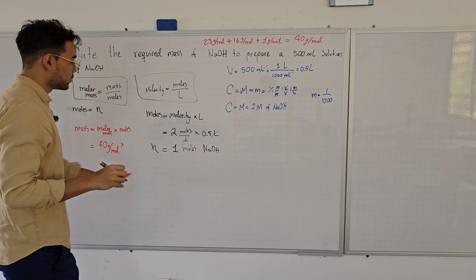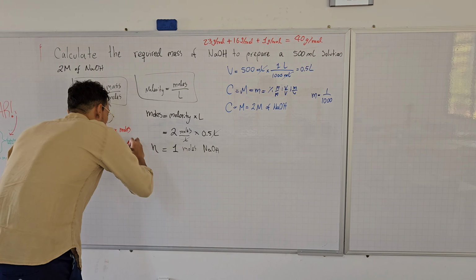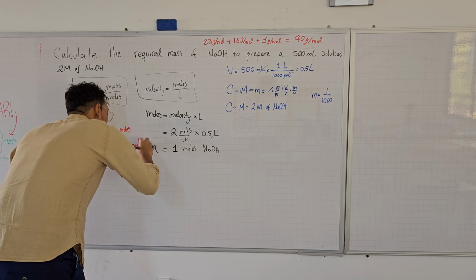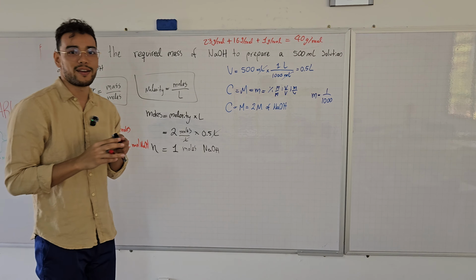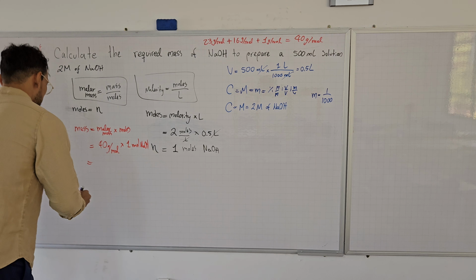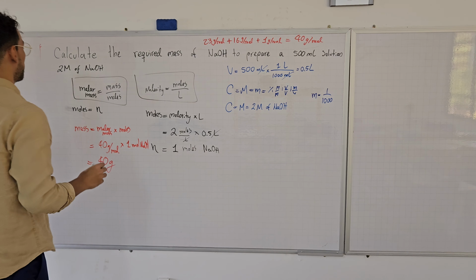And the number of moles, we found it already. So it is 1, I'm sorry, 1 mole. 1 mole of sodium hydroxide. So we solve this. This is a very simple mathematical equation that gave us 40 grams.